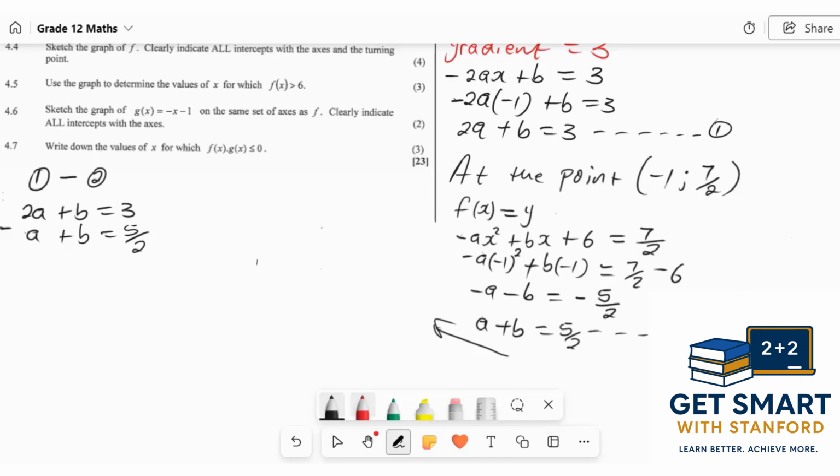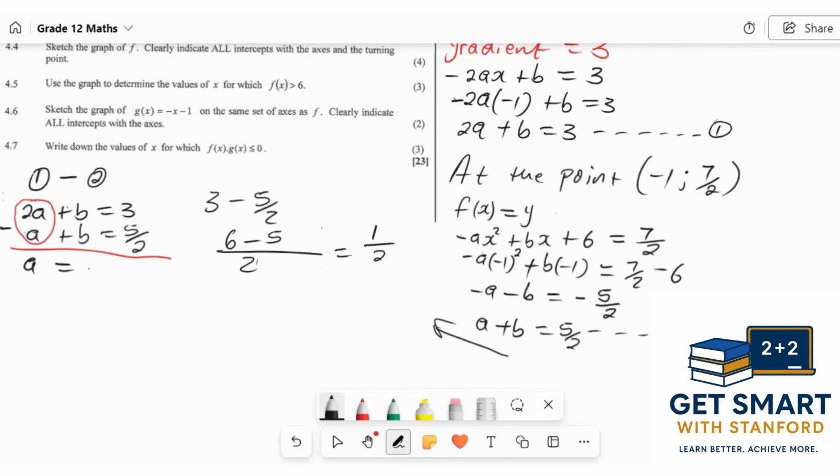So what is 2a minus a? 2a minus a will have 1a. b minus b will have a 0. Then equal to, what is 3 minus 5 over 2? 6 minus 5 equals 1, and we have over 2.